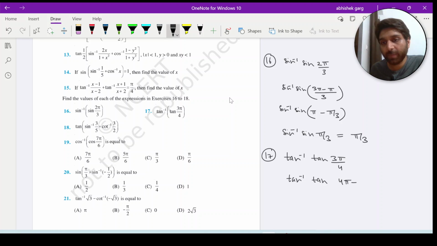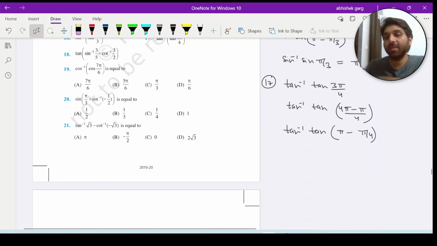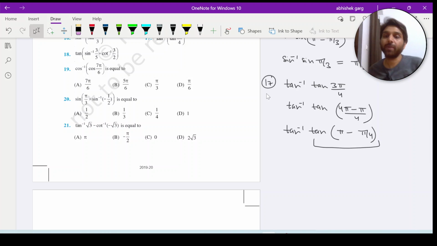So we can write 3 pi as 4 pi minus pi like this. So this will be equal to tan inverse tan pi minus pi by 4. Now, what is tan pi minus theta? Tan pi minus theta is equal to minus tan theta.